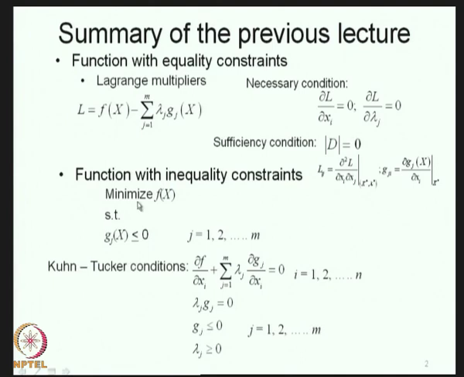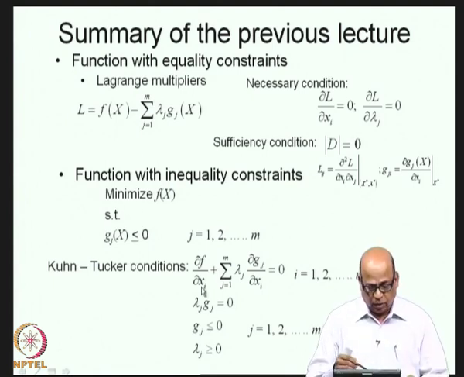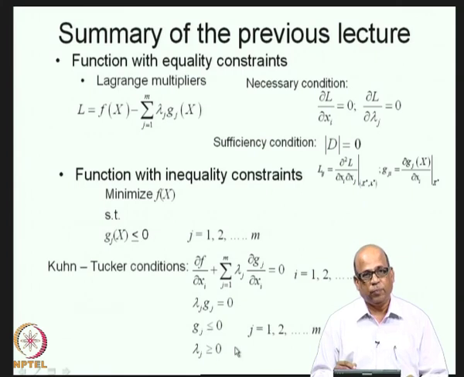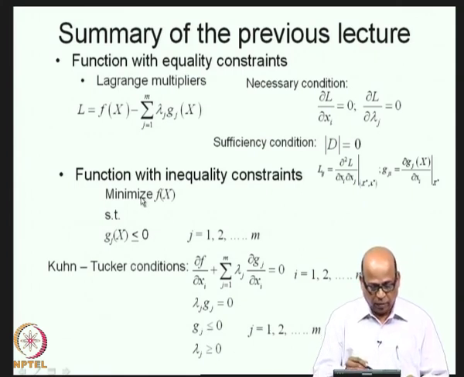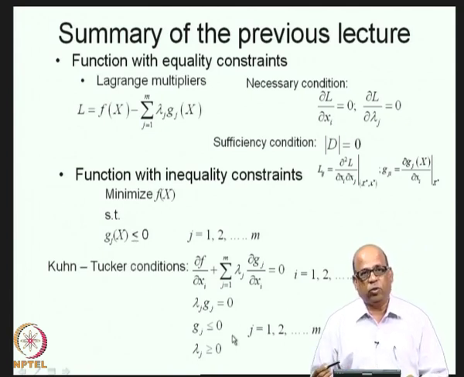I also indicated the variants of the Kuhn-Tucker conditions, where you may have maximization of f x subject to gj of x less than or equal to 0, in which case lambda j will be negative. You may have maximization of f x subject to gj of x greater than or equal to 0, in which case lambda j will still remain greater than or equal to 0.